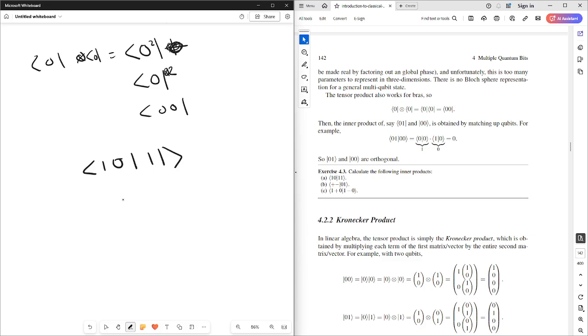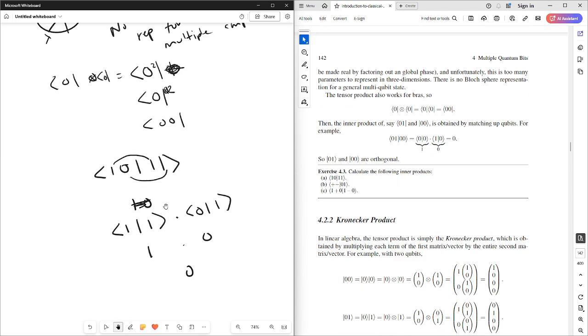So we've got here and here, and the inner product of this is simply 1 times 0, which is 0.